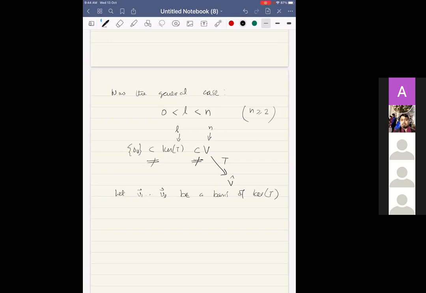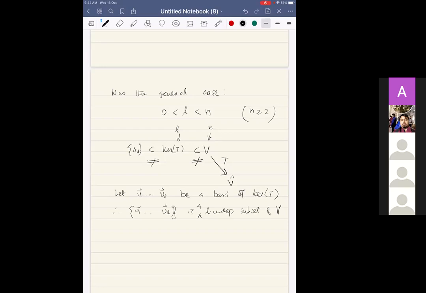Okay, so this is a basis. Therefore, V1 to VL is a linearly independent subset of V.